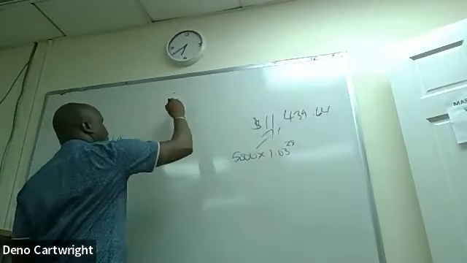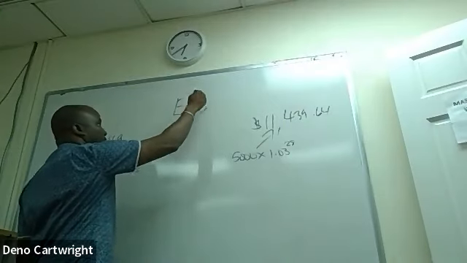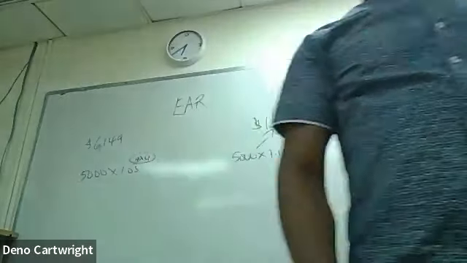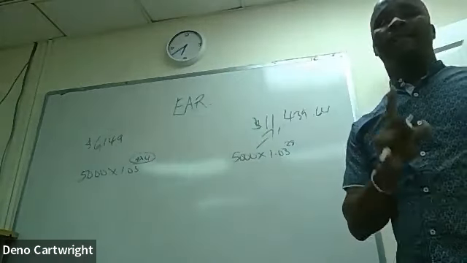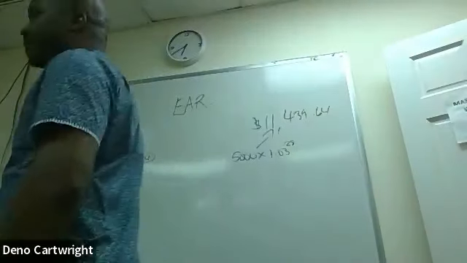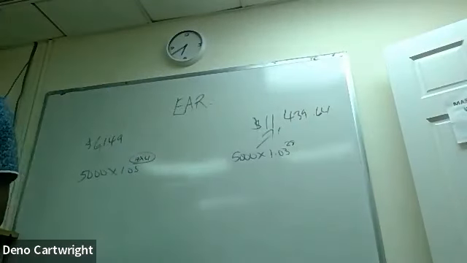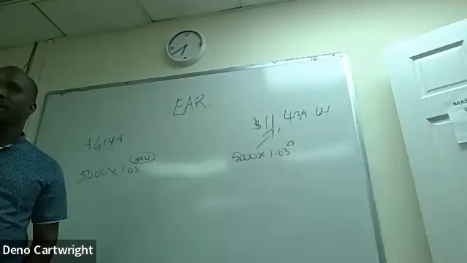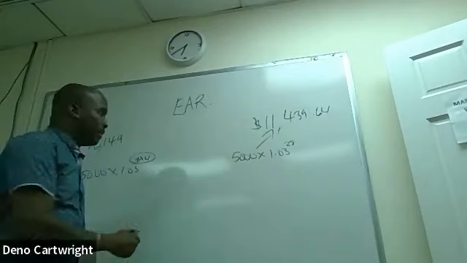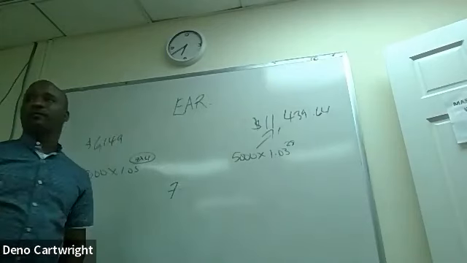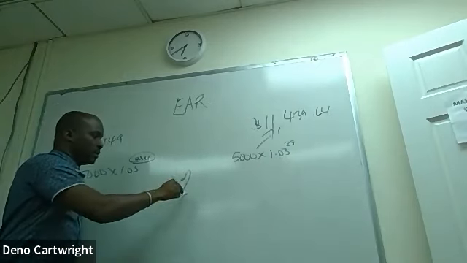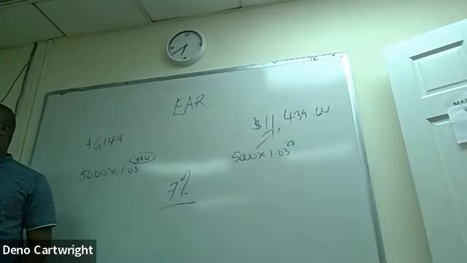How many persons have ever heard of this term here? EAR, effective annual rate. Your effective annual rate is how much you're actually being charged on your payment. Your effective annual rate will fluctuate because a product may say 7%, but you have to figure out how many times they are paying interest, because 7% is not always 7% at face value.